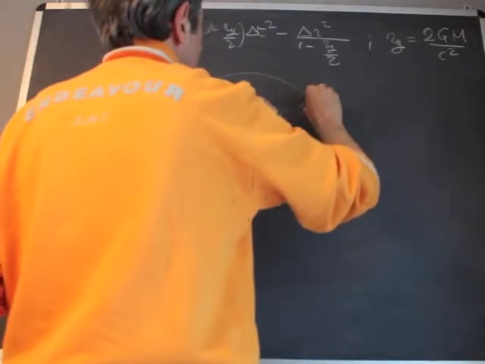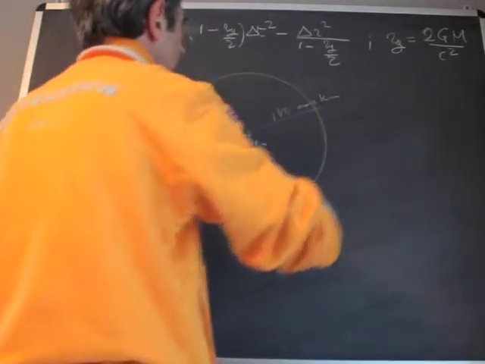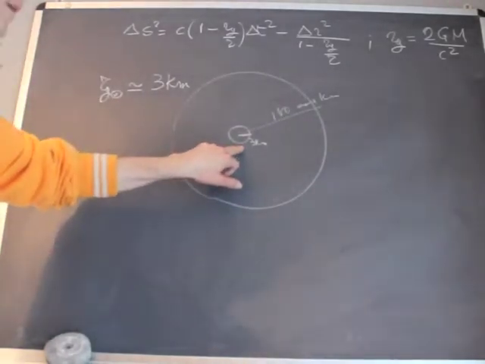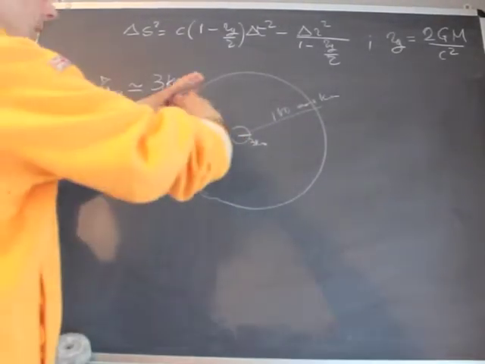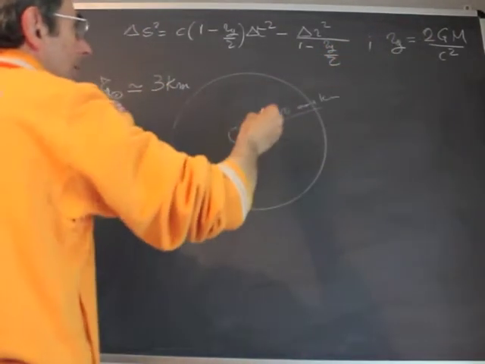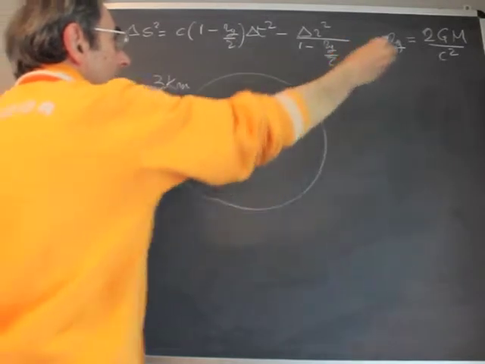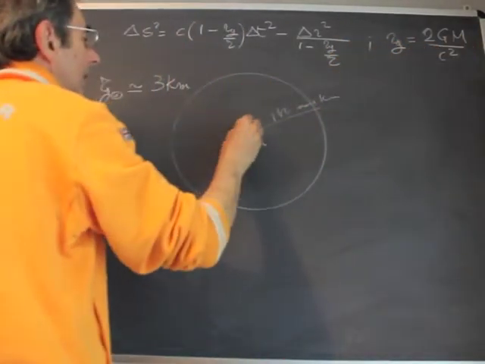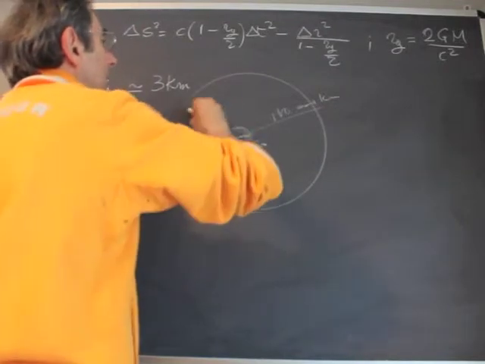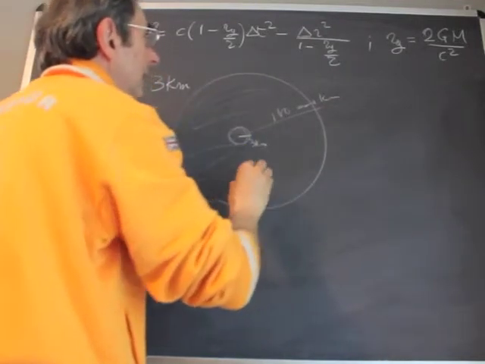The radius of the Sun is about 700,000 kilometers, incredibly larger than this. So this formula doesn't work in a proper way, because the mass m is not contained inside these 3 kilometers of gravitational radius, but is distributed also outside.